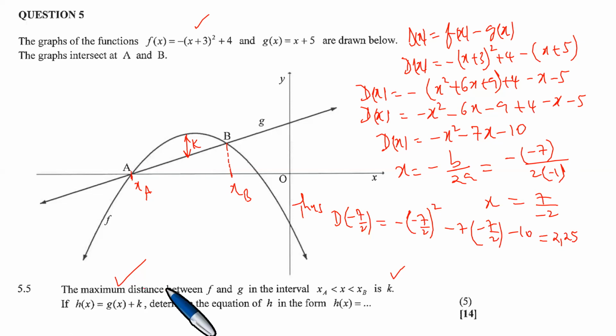Remember that we said the maximum distance between F and G in the interval is K. So which means that this distance is K and K is 2.25.